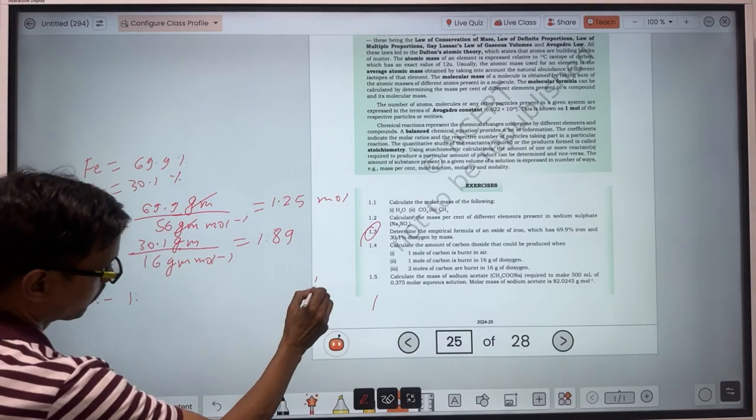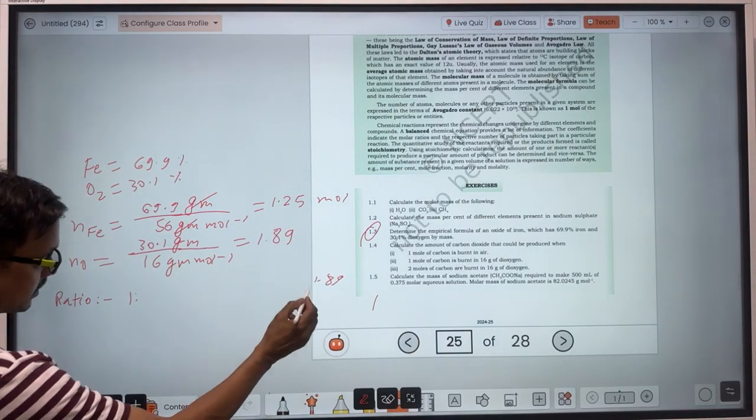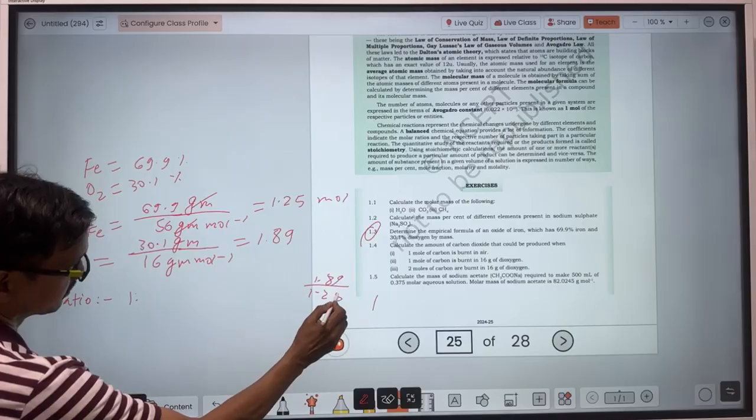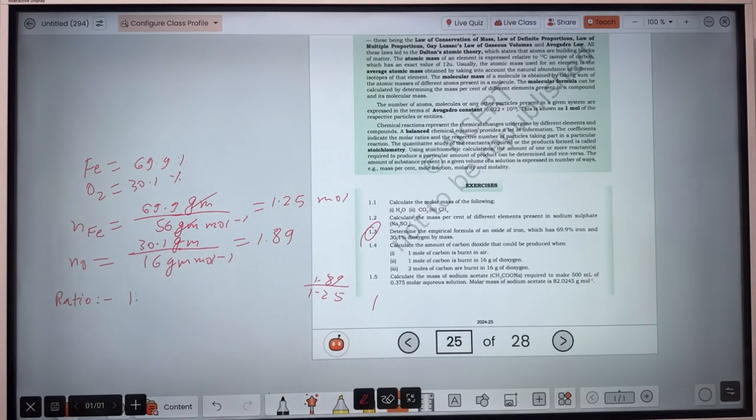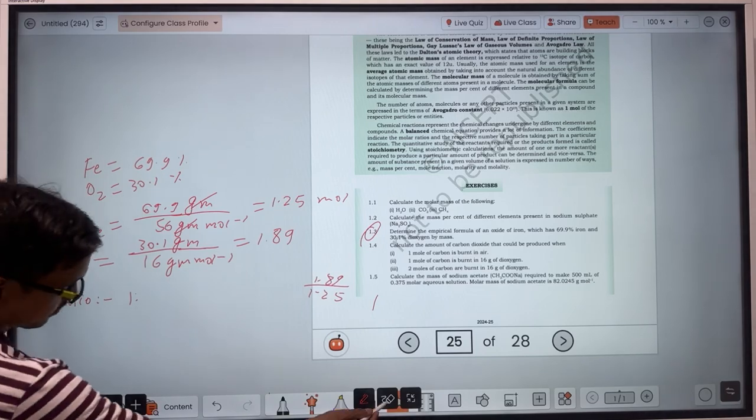And 1.89 divided by 1.25 becomes 1.5. So that is here 1.5.